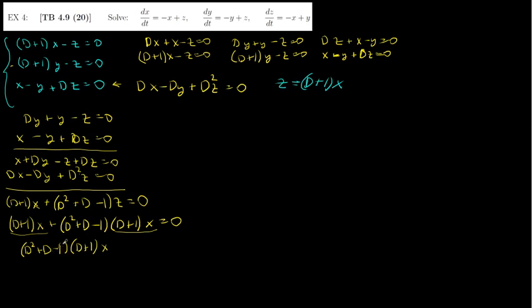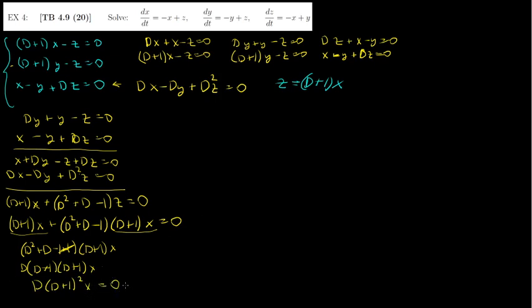Maybe I should just rewrite this: minus 1 plus 1, and then (D plus 1) x. So this is 0 here. We get D squared plus D, which is just D(D plus 1), times (D plus 1) of x, which is really just D(D plus 1) squared of x. And that still equals 0.